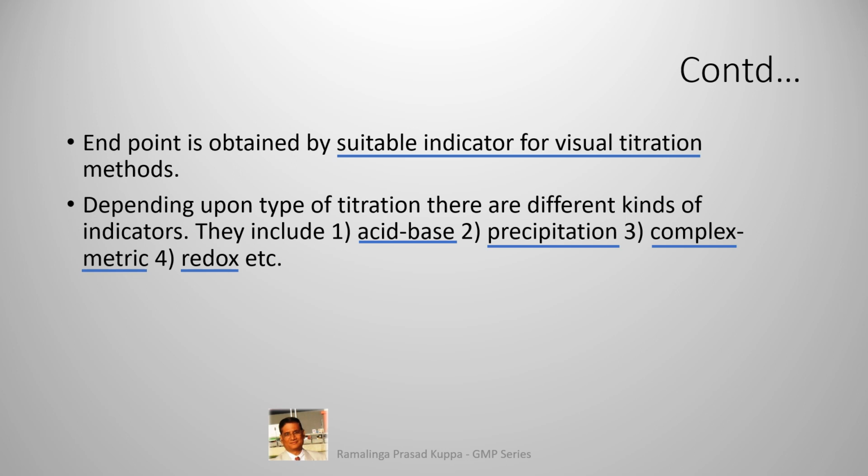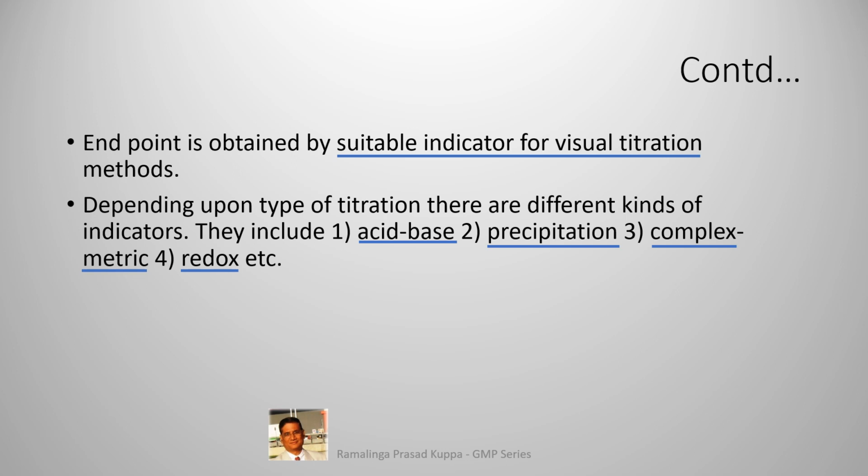Complexometric titrations are for estimation of metal ions such as zinc, magnesium, calcium, etc. EDTA is the best complexing agent. There are specific indicators for complexometric titrations, for example, Eriochrome Black T is one of them.